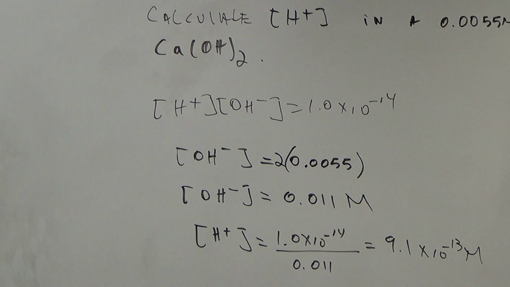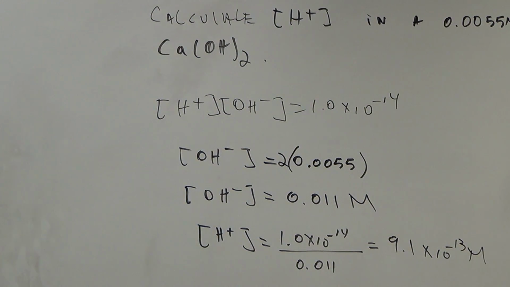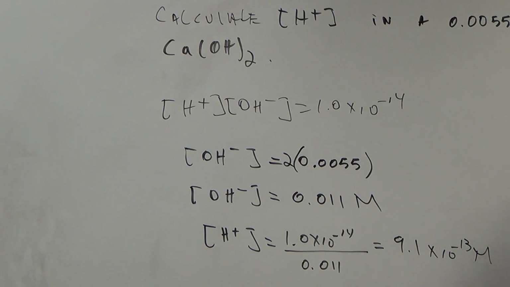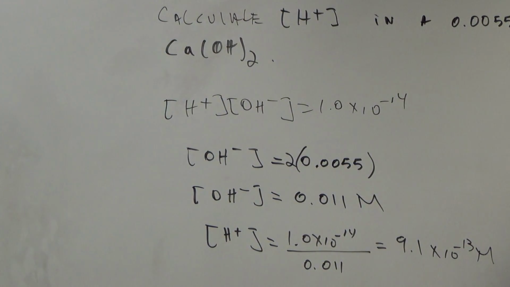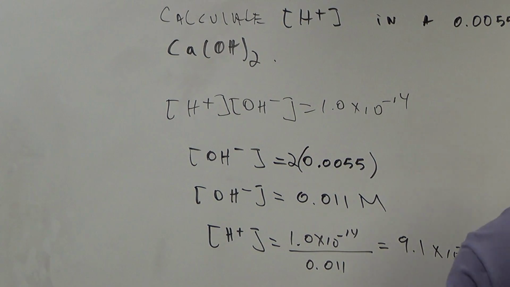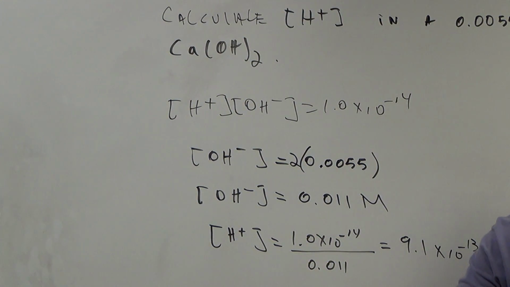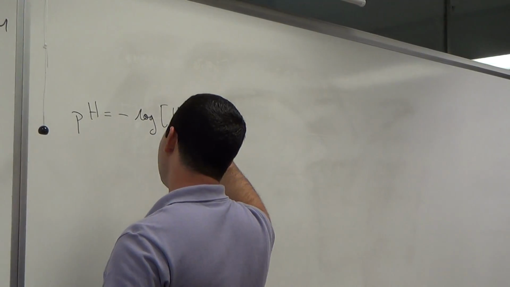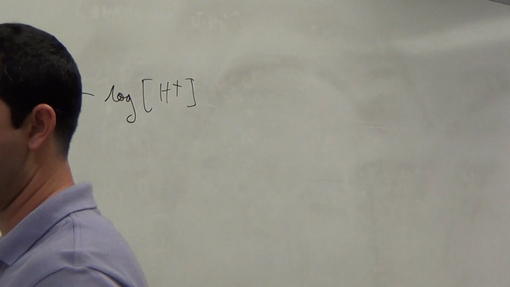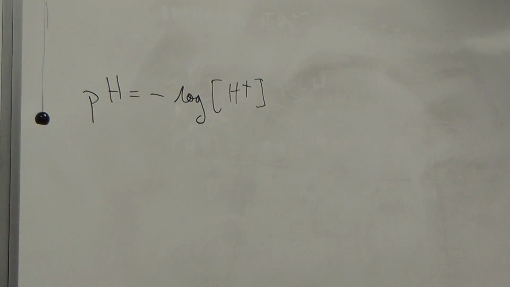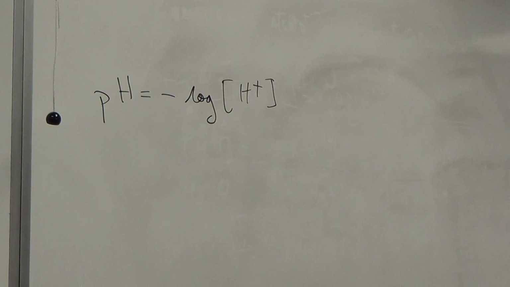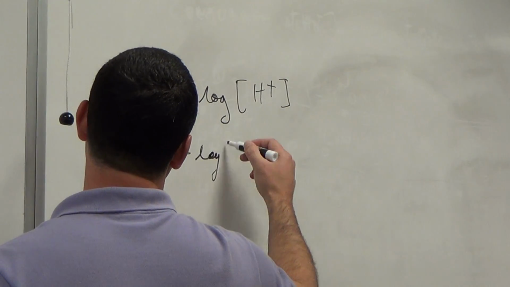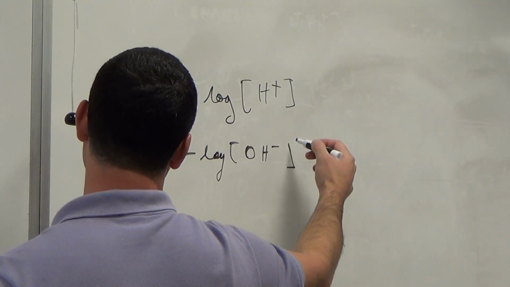Okay, so let's talk about pH. pH is the negative log. For those of you that can't read my handwriting, that says negative log. Negative log of the concentration of H plus is called pH. pOH is the negative log of the concentration of OH minus.